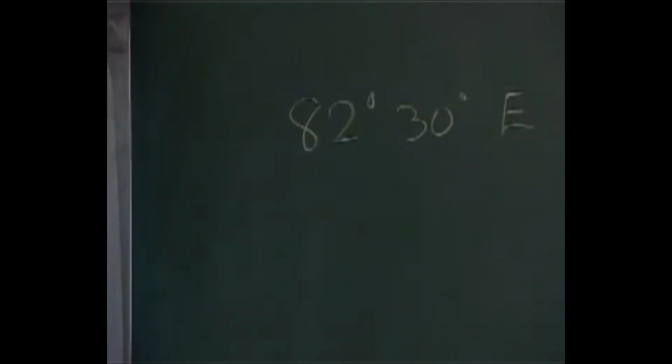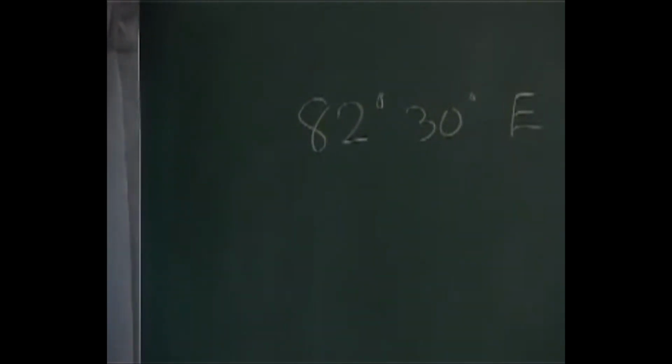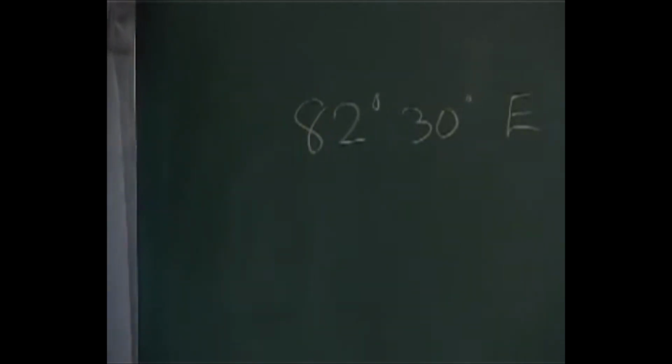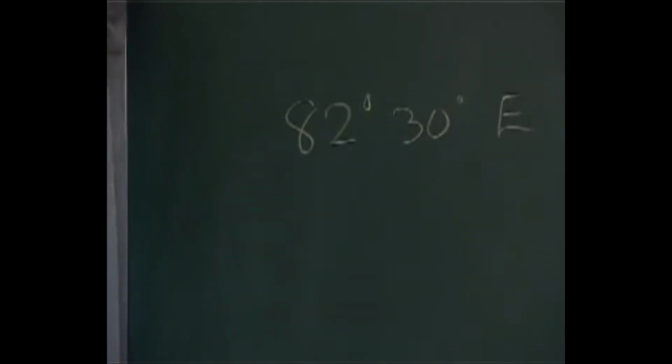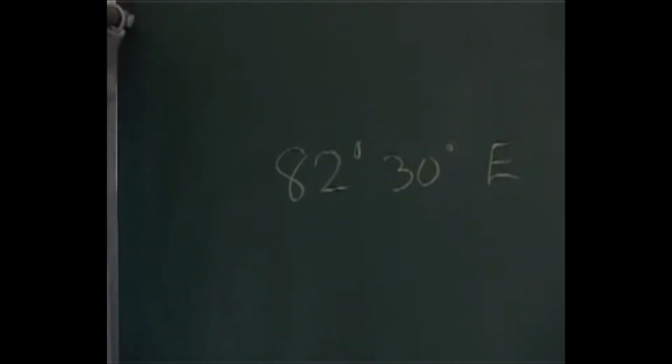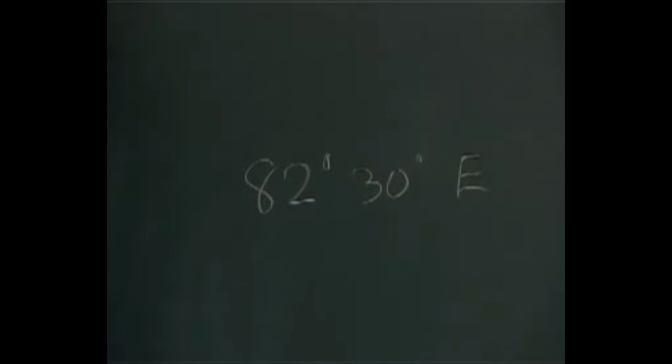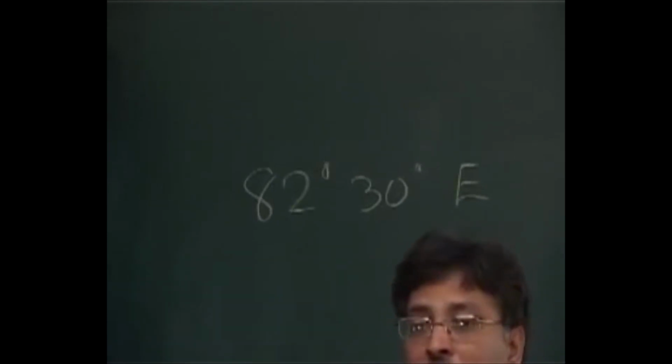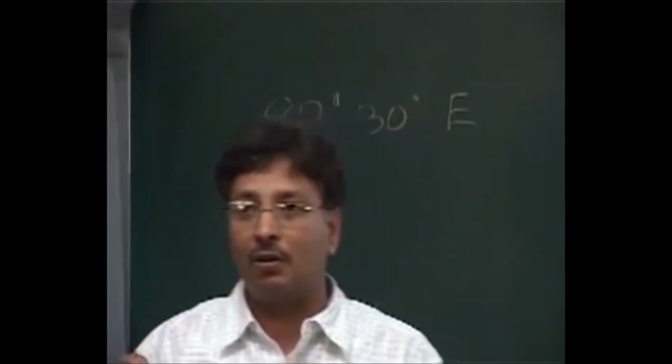That is the reference meridian I have, and internationally the time is measured through Greenwich Mean Time. For example, for friends from France, their reference meridian will be the meridian passing through Greenwich. But this is the reference meridian when the sun is right on top at this place. All over India, this is 12 o'clock.